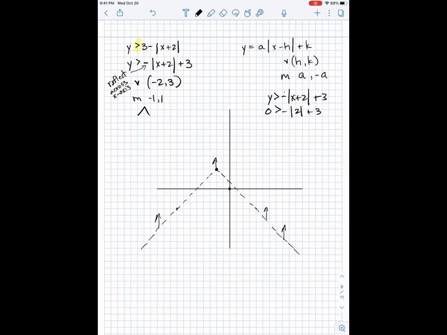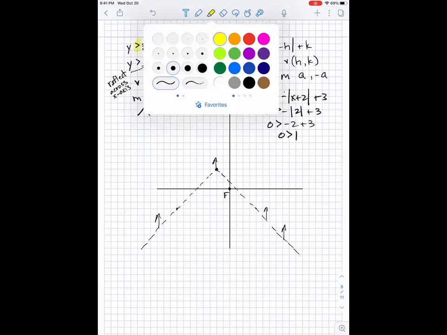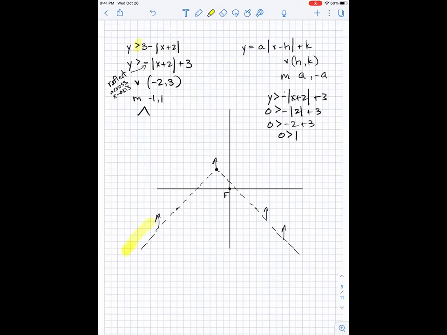So the absolute value of 2 is just 2, which gives me negative 2 plus 3, or 0 is greater than 1. That is false. So inside here is false, and you can see that what you're going to do is shade above the line.